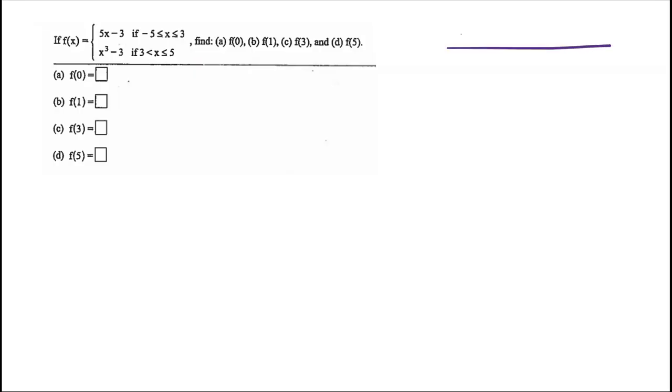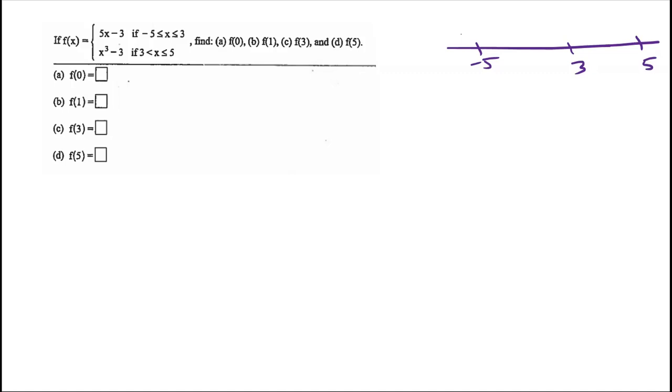So for these ones here, f of 0, 1, 3, and 5, maybe this will help. Let's draw a number line here. Our particular points are -5 and 3, and then we have +5 out here.